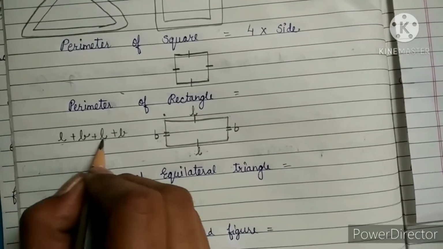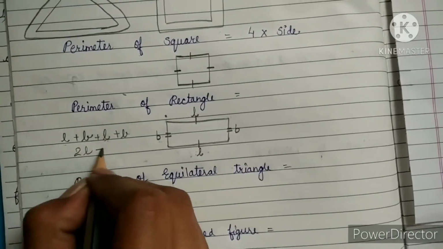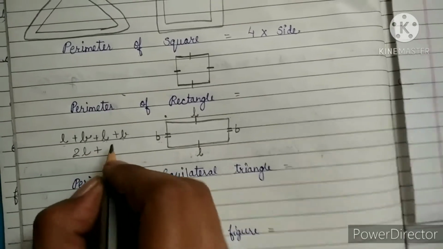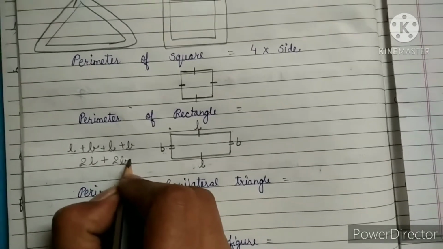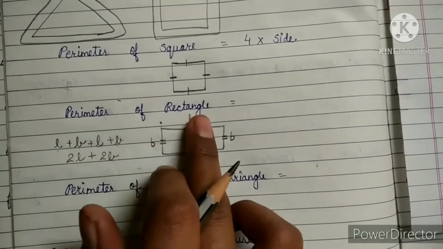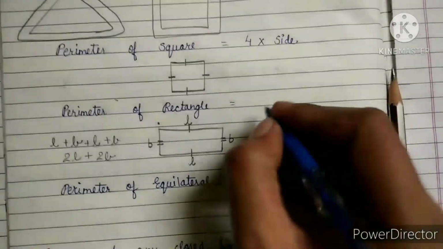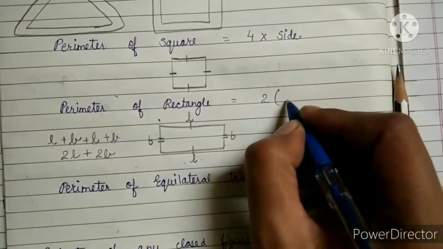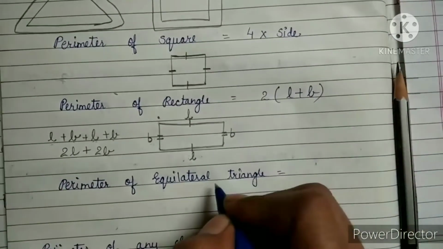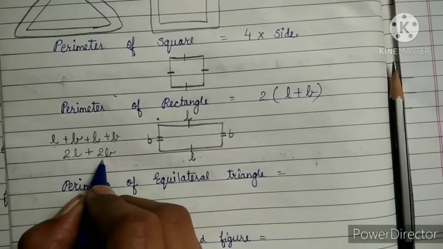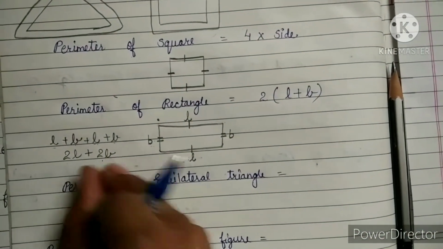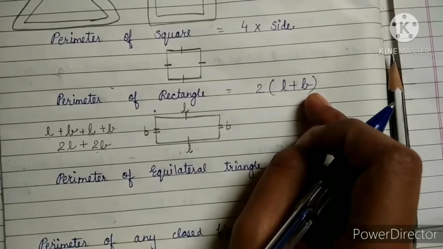How many L can you see? 2L. And how many B? 2B. So the perimeter of a rectangle is 2 into length plus breadth. Here 2 is taken common from length and breadth.